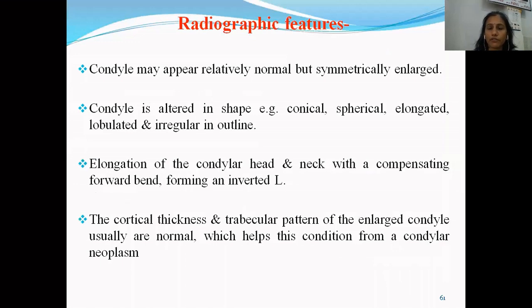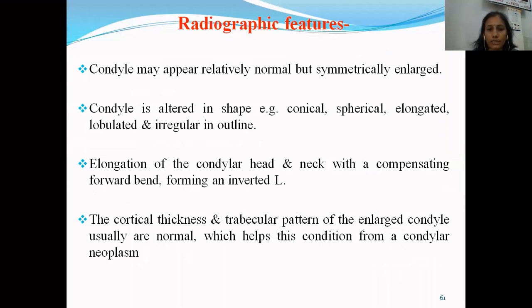Coming to the radiographic features of condylar hyperplasia, the condyle may appear relatively normal but symmetrically enlarged. It's altered in shape, like it can be conical, spherical, elongated or irregular in outline. There is elongation of the condylar head and neck with a compensating forward bend forming an inverted L shape.